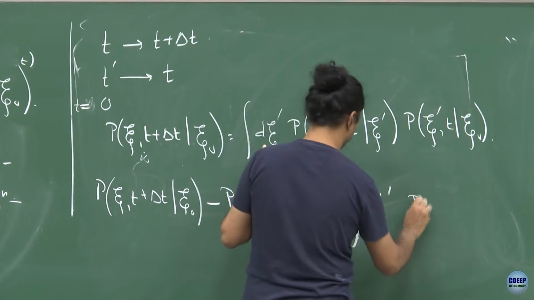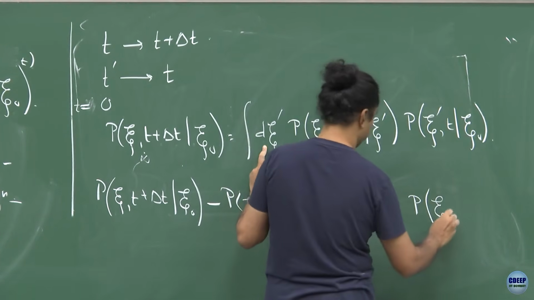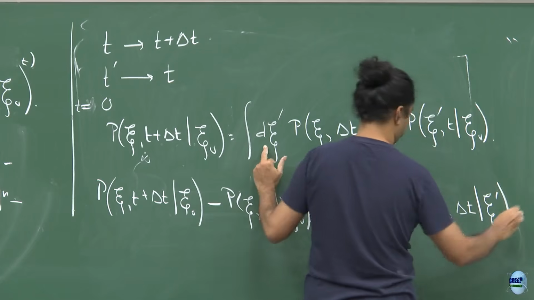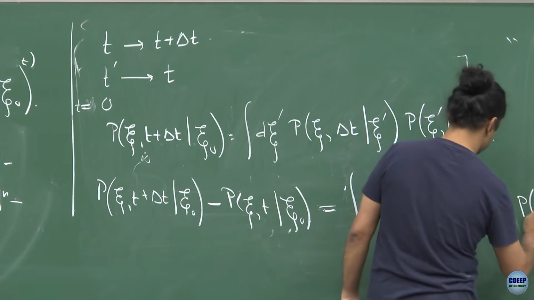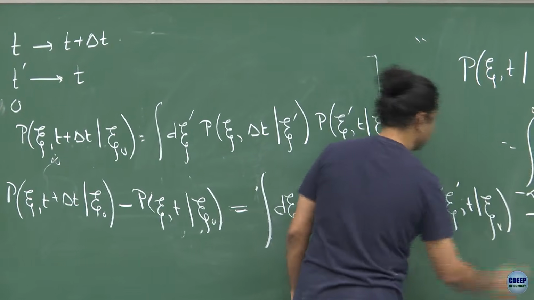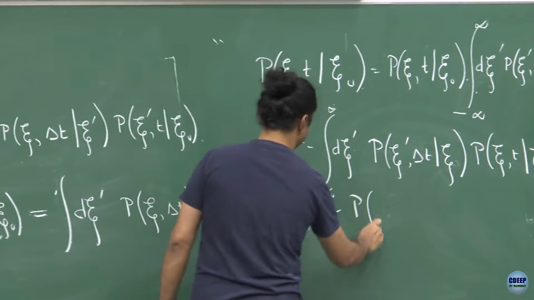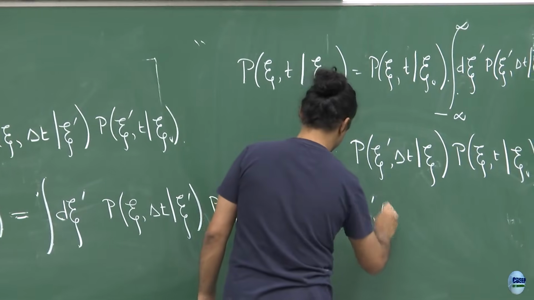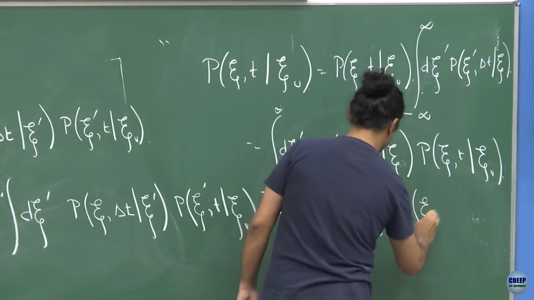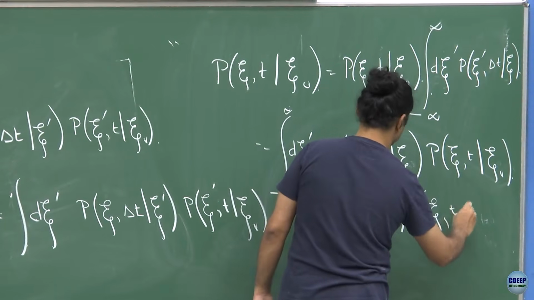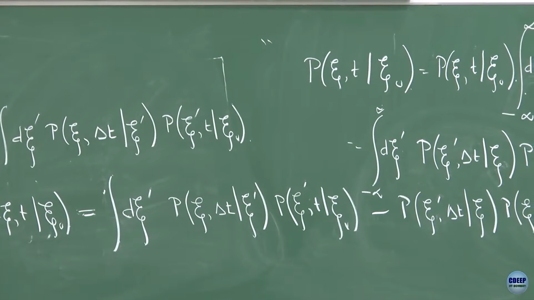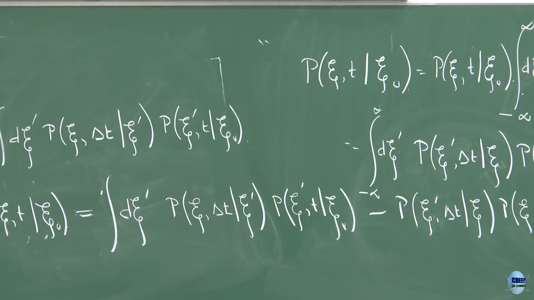In one case, I have p of xi, delta t given xi prime, p of xi prime, t given xi naught, minus this, p of xi prime, delta t given xi, p of xi, t given xi naught. I have not done anything, I have just written out the two integral terms.